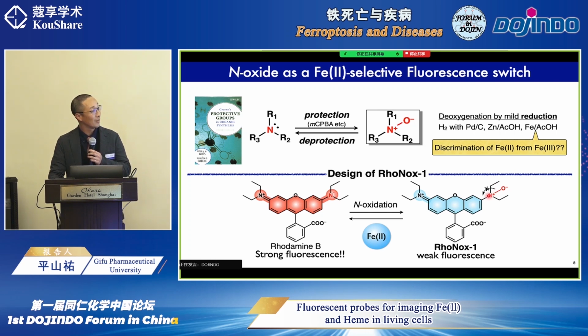So in this case, this electron pair cannot be incorporated into this conjugation system, and the nitrogen atom is separated from the fluorescent structure. So this causes attenuation of its fluorescence. When N-oxide reacts with Fe2+, and deoxygenation occurs, this compound should go back to the highly fluorescent compound, and we can see a turn-on response. That is the mechanism we expected.